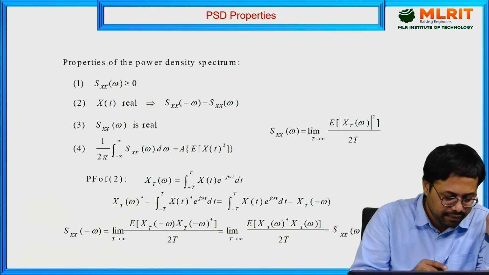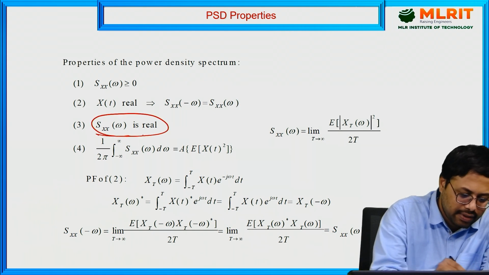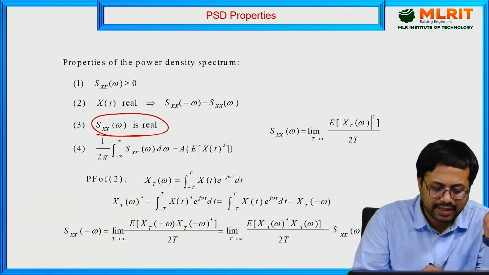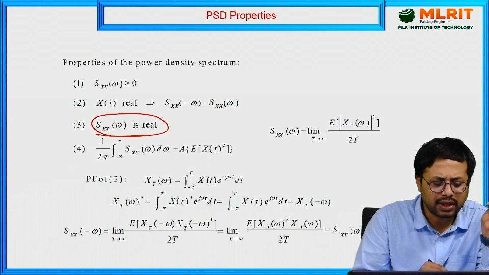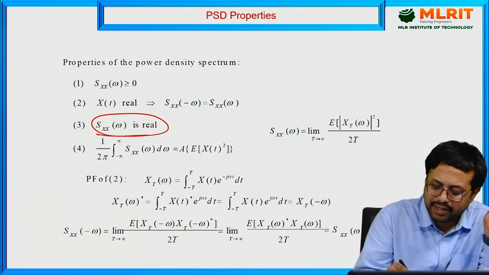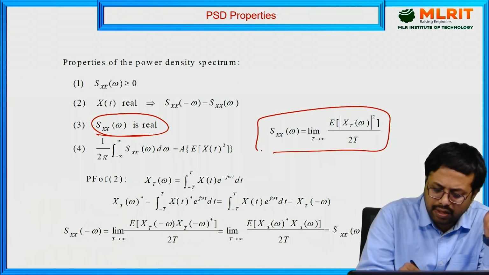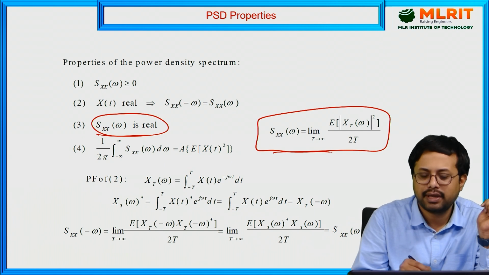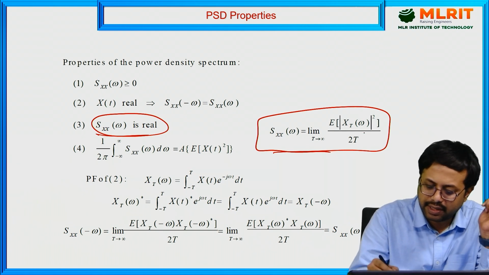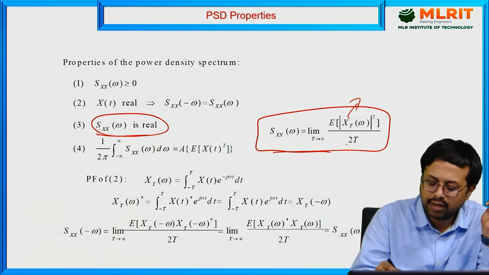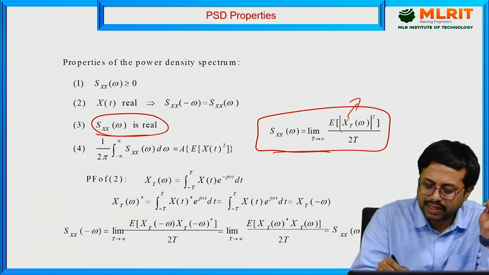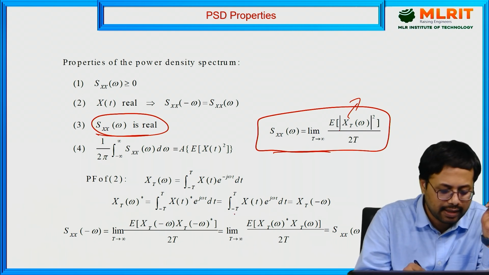Now next, the third one says it is real. It is a real quantity, because you have the definition. This is the definition of power spectral density. From the definition, it is non-negative, and when you apply the modulus, you get only a real quantity.